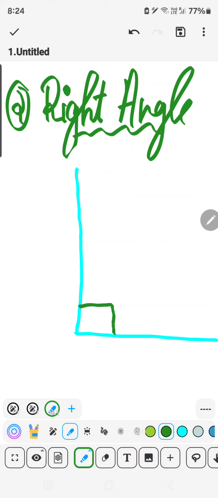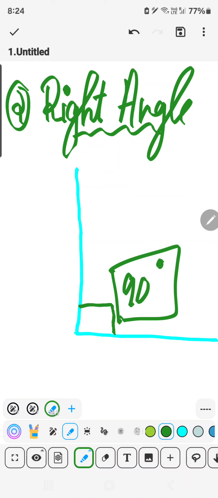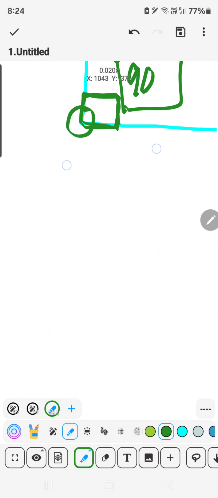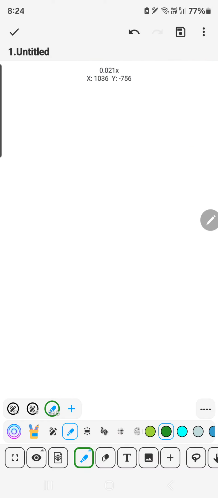The angle whose measure is 90 degree is known as right angle. So how is a right angle formed? Basically, you all have reached class 9, so you must know. When two straight lines meet at a point, they form the right angle. Clear?